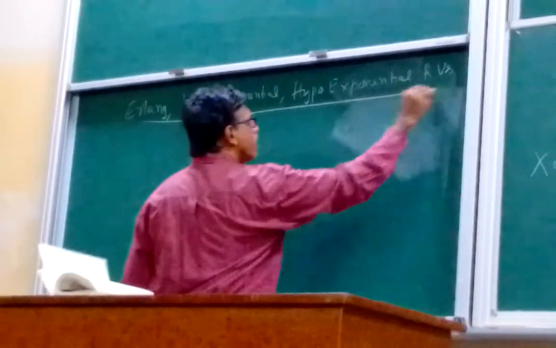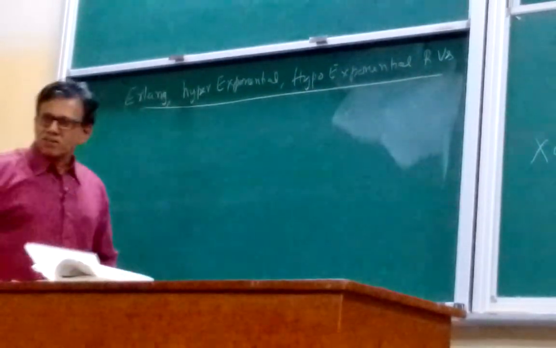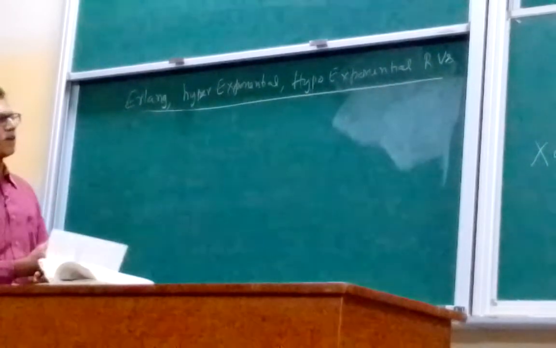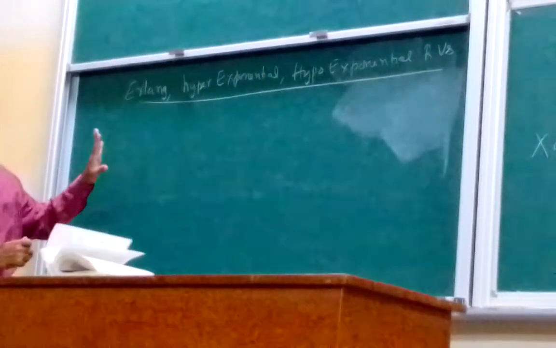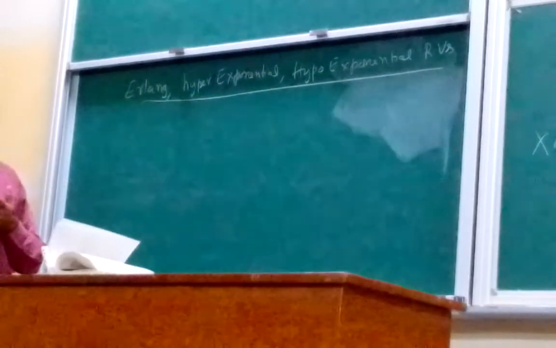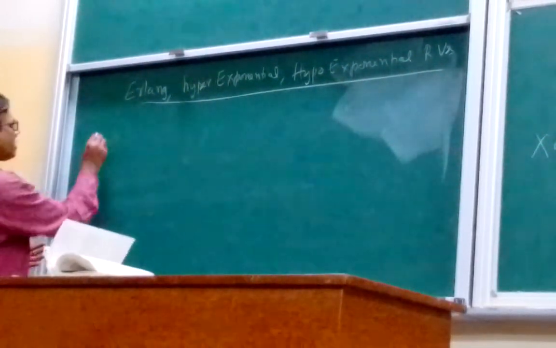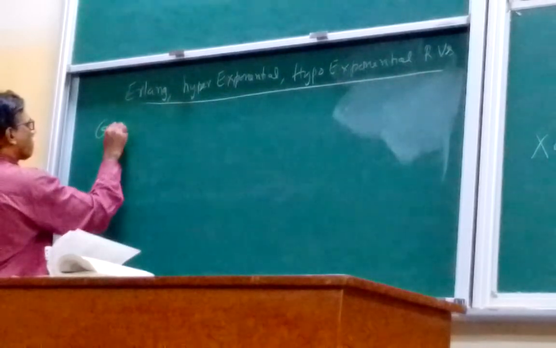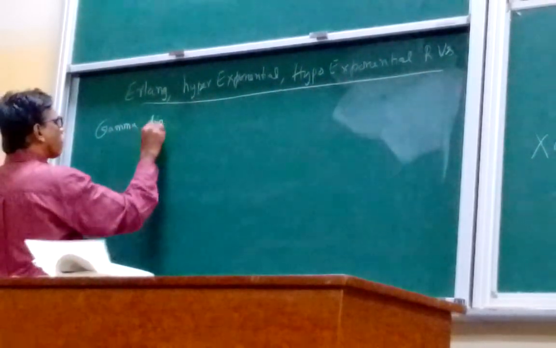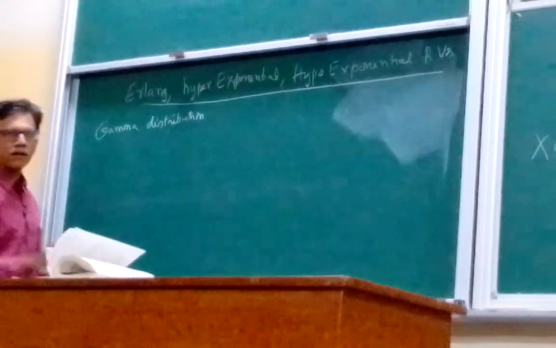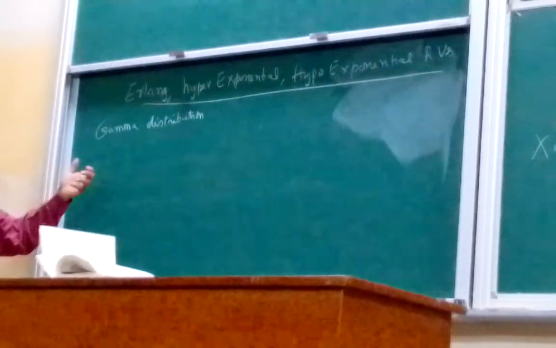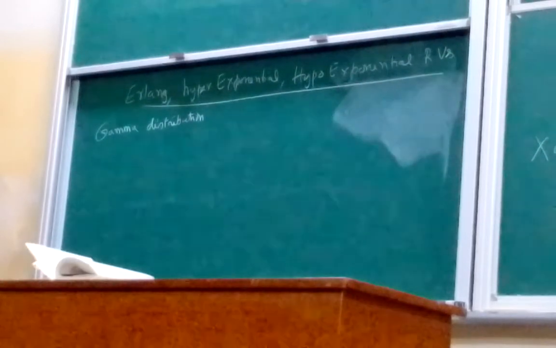These are all variations or derivatives of the exponential random variable. The Erlang is the one which you know. It is very related to the gamma distribution, where the parameter is a non-negative integer.